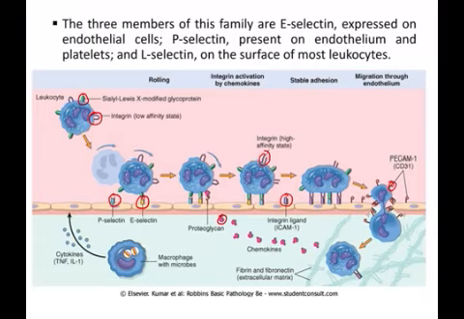Basically, there are two more important proteins present on the endothelial bed of the blood vessels. These are selectins. There are two different types of selectins present on the endothelial bed. One is P-selectin, which is commonly found on the intracellular Weibel-Palade bodies of the endothelial cells.